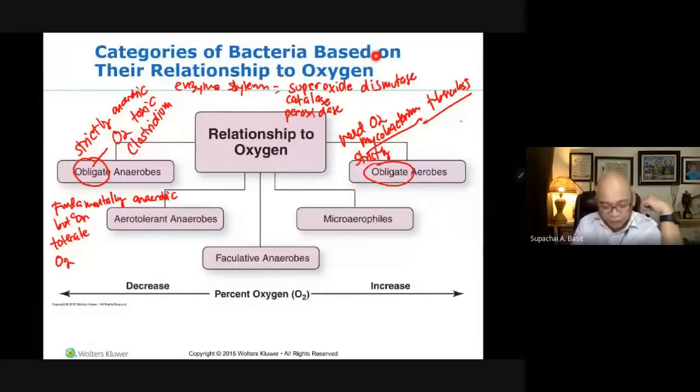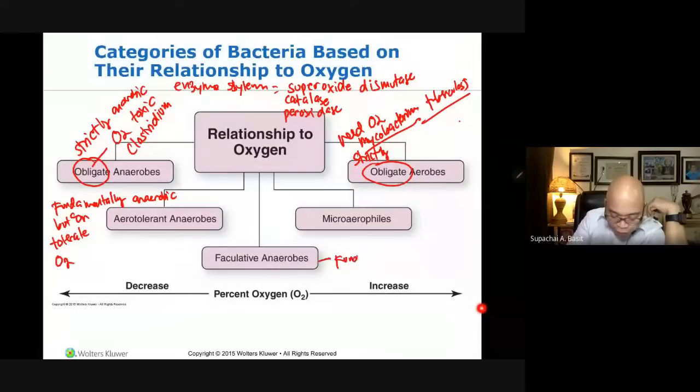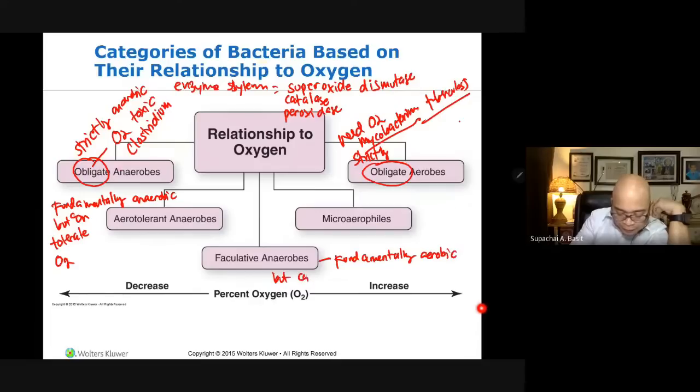Facultative anaerobic, these are fundamentally aerobic but can survive in the absence of oxygen. That's facultative anaerobic.